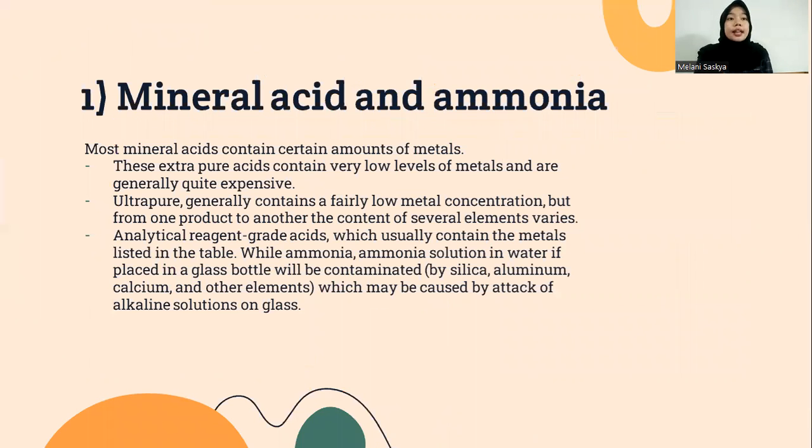Mineral acid and ammonia. Most mineral acids contain a certain amount of metal. There is pure acid containing very low levels of metal, though expensive, and ultra pure generally contains a fairly low metal content, but from one product to another the content of several elements varies.